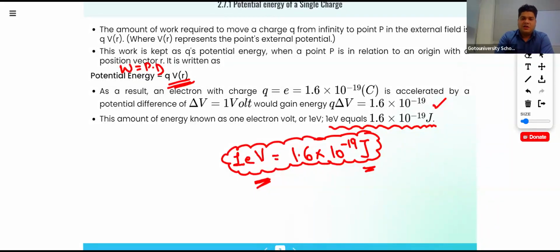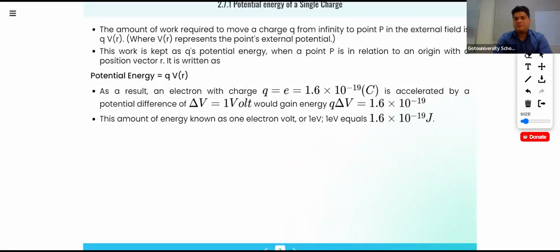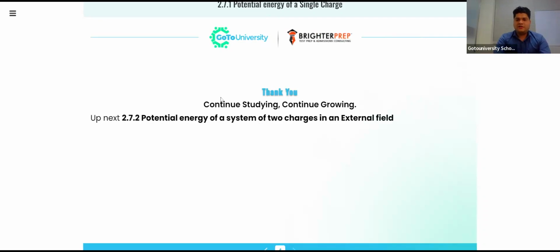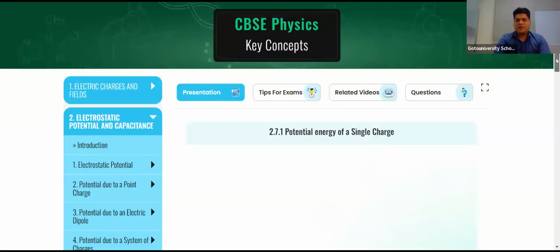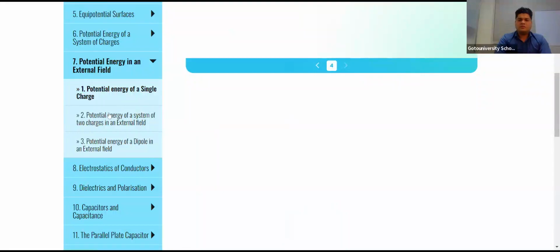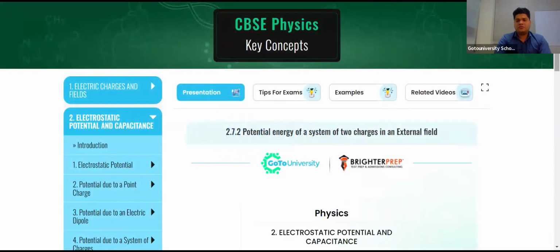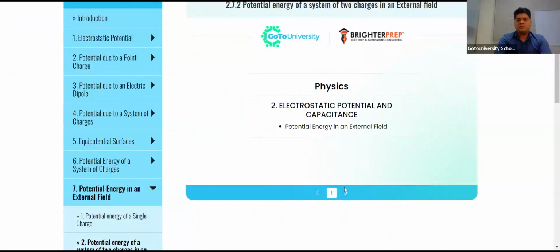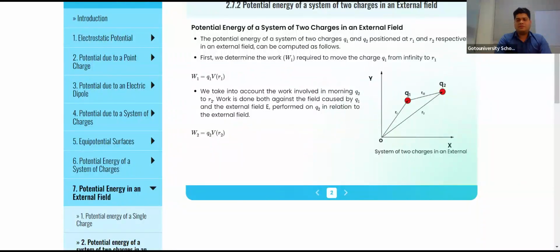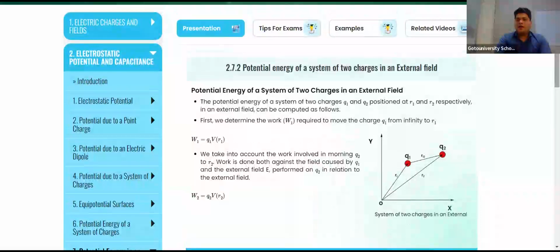Next is that same external field. Due to an external field, two charges or multiple charges in an external field, I explained you this, but I will just give you the theory part.